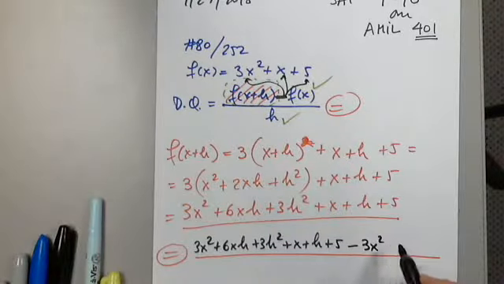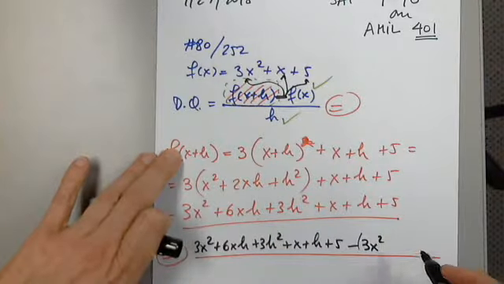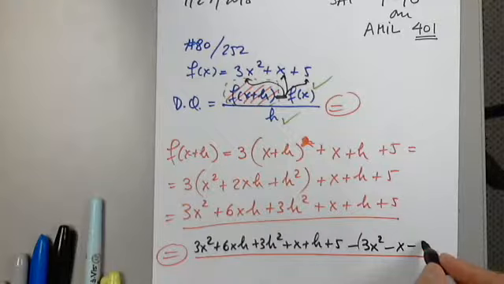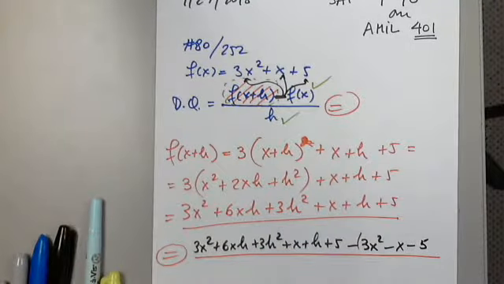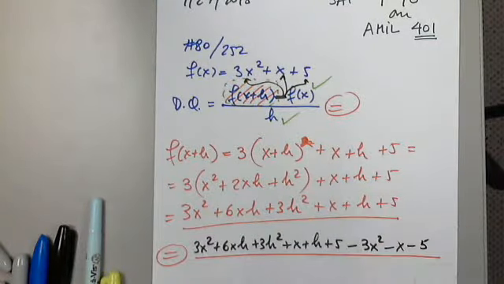Perfect. If I distribute, I have to distribute to all, or I put parentheses. So minus x minus 5. So we either put parentheses and distribute later. I'm too lazy to write this one more time, but if you want me to, I will. I'm kidding. Of course I will if you want me to. Divided by h.